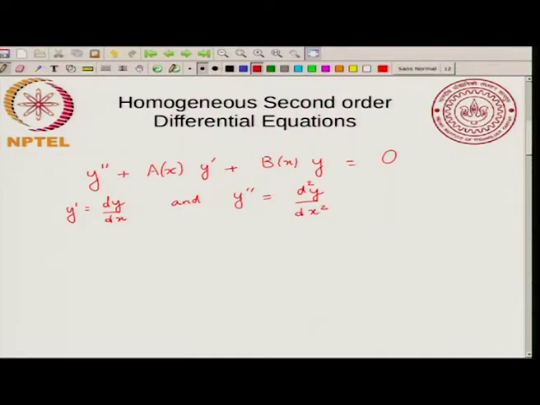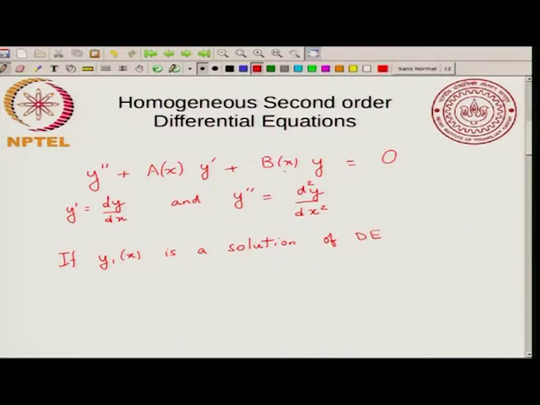Okay. So, suppose you have a differential equation like this, and let us say y1 of x is a solution of this differential equation.